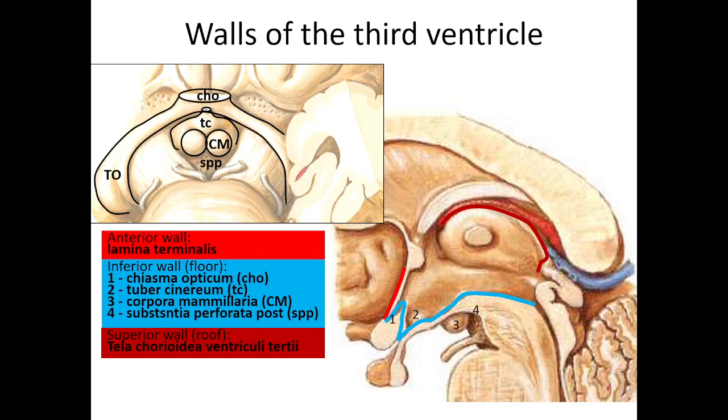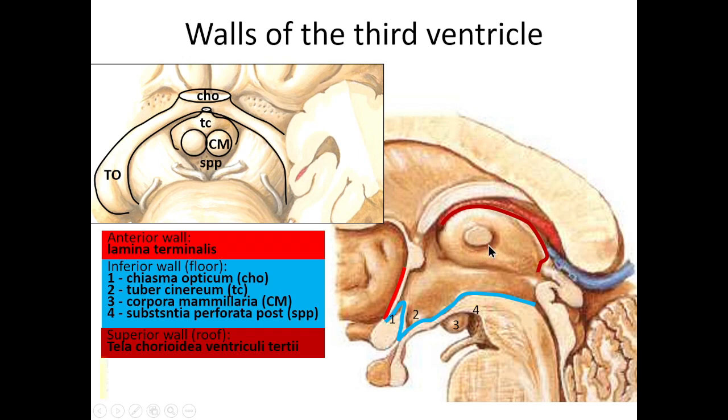And that's why tela choroidea ventriculi tertii and tela choroidea ventriculi lateralis are practically the same structure, but in third ventricle it makes a roof or superior wall of the ventricle.